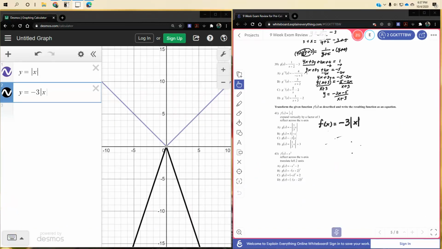So I have y equals the absolute value of x, which is the parent function, and I have y equals negative. The negative is going to reflect it over the x-axis. The 3 is going to stretch it vertically, and then you have the absolute value. So you notice it gets narrower. So the answer to this question is C.